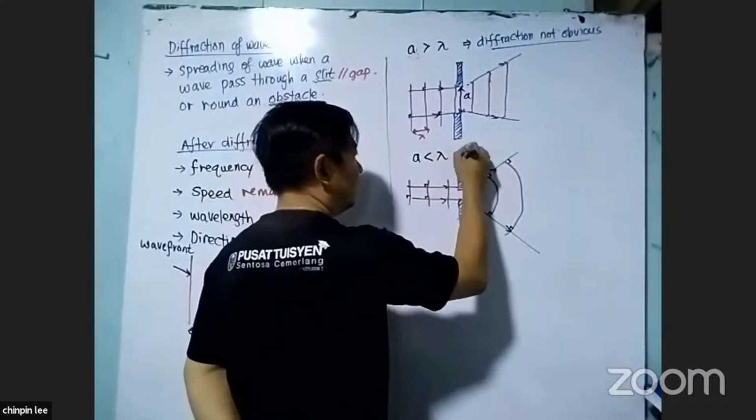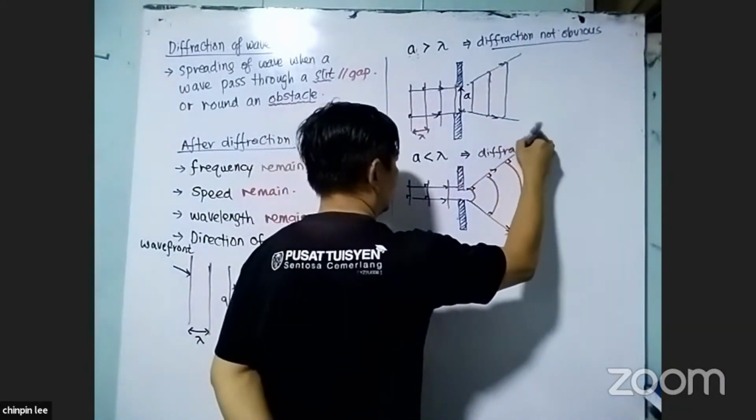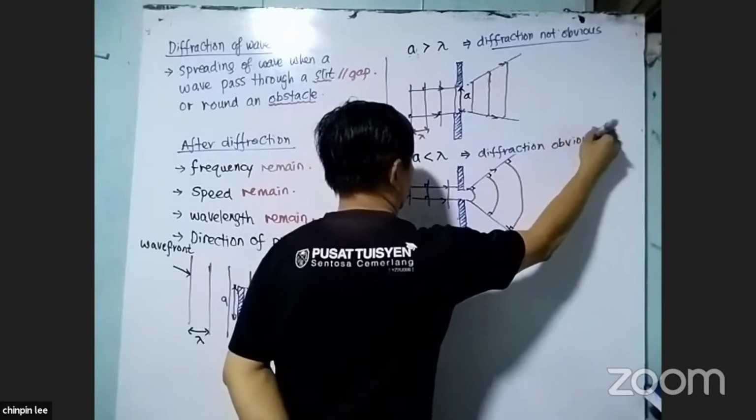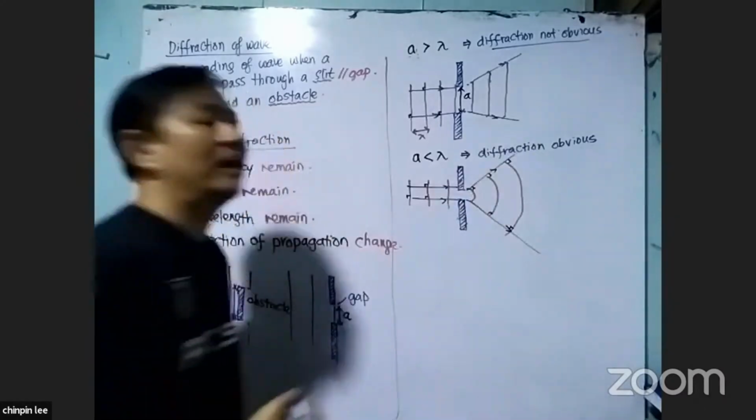When A is smaller than lambda, the diffraction is very obvious. What does obvious mean? It bends a lot. This one is called diffraction.